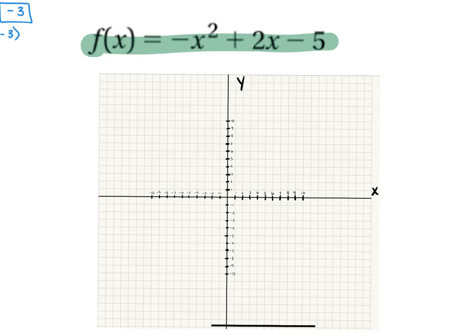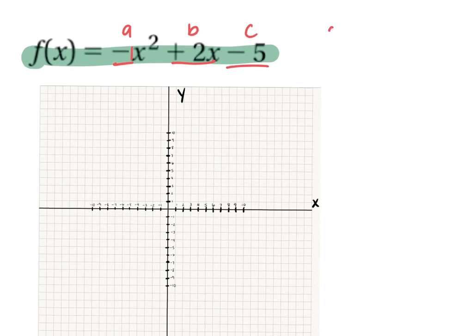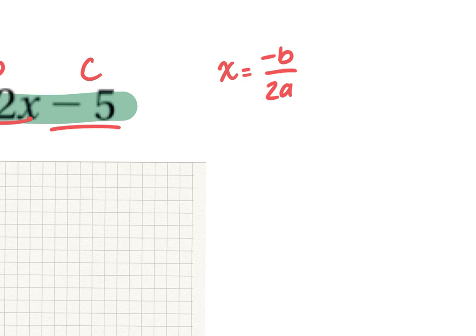First things first, guys, we identify the A, we identify the B, we identify the C. Our A is negative 1, our B is positive 2, and our C is negative 5. From here, we write our axis of symmetry, which is x equals negative b over 2a. And we're just plugging in here, okay? So wherever I see a b, I'm going to put parentheses.